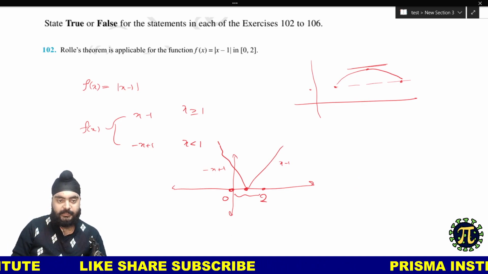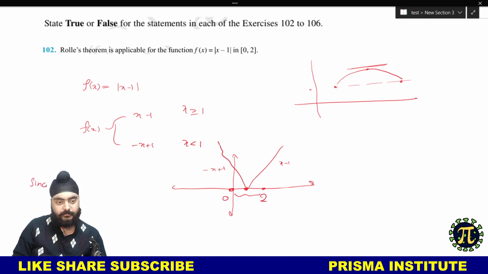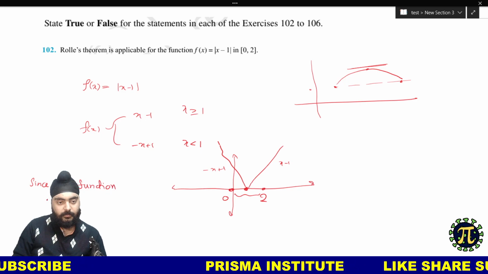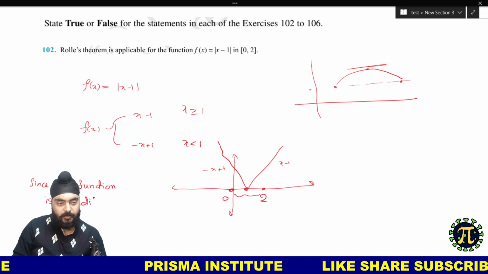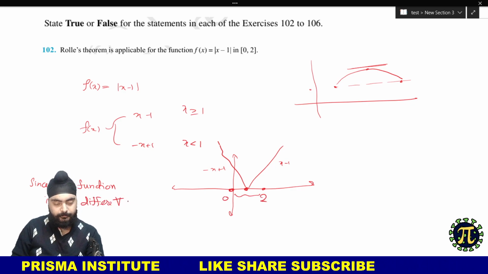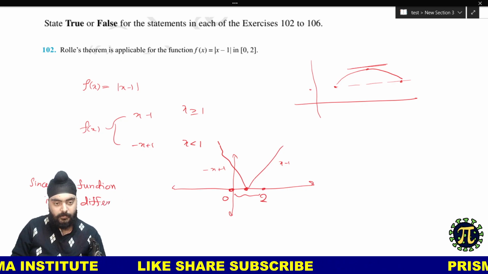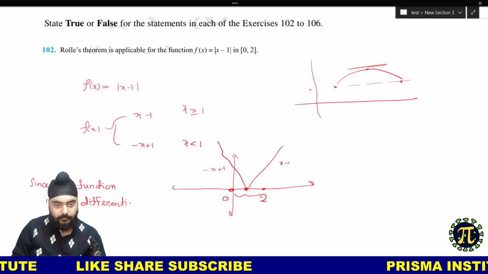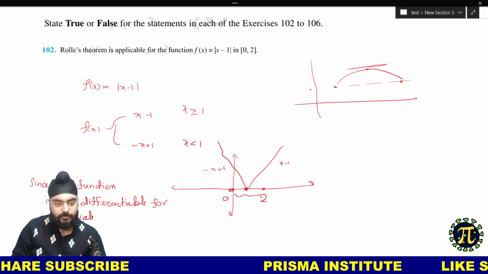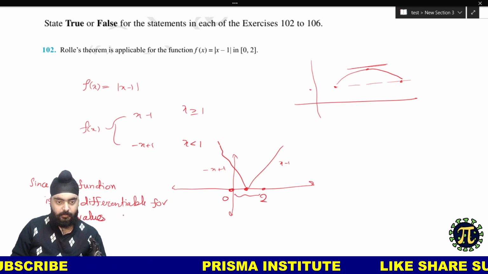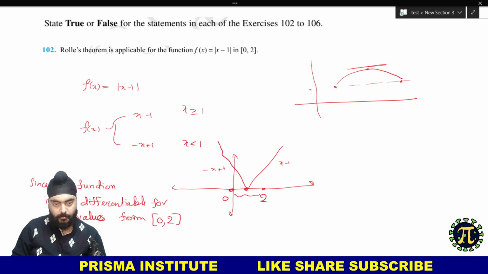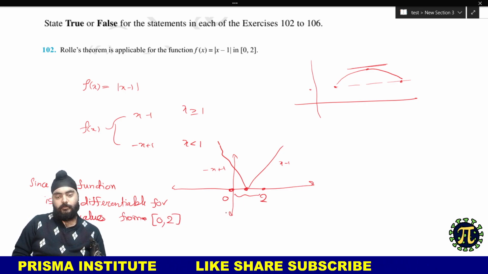So we can say since this function is not differentiable for all values from 0 to 2, because at x is equal to 1 this is not differentiable, right?